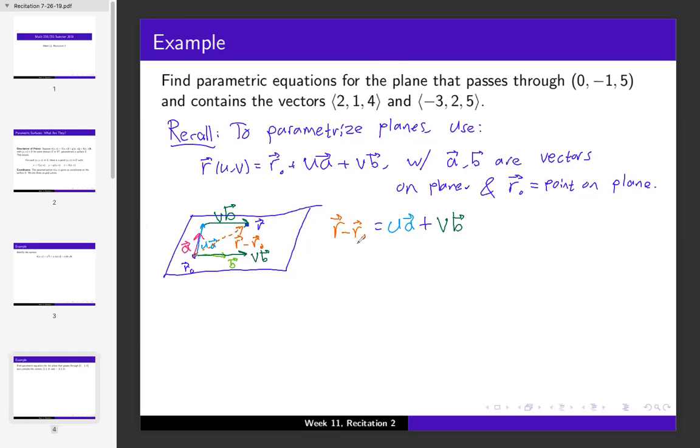That's the idea. To put this another way, if we're interpreting this as for every point on the surface, there's some u and v satisfying the parametric equations, what that means in particular is that R has to be equal to R naught plus uA plus vB, just by adding R naught to both sides.